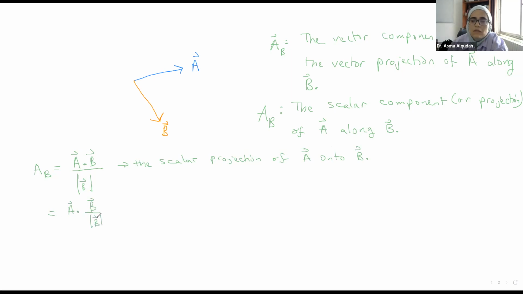And B divided by its magnitude, we can replace by the unit vector along B. So A dot the unit vector along B. These are three equations that are equivalent to each other, and all of them give us the scalar projection of vector A onto vector B. The end result here is a scalar quantity.